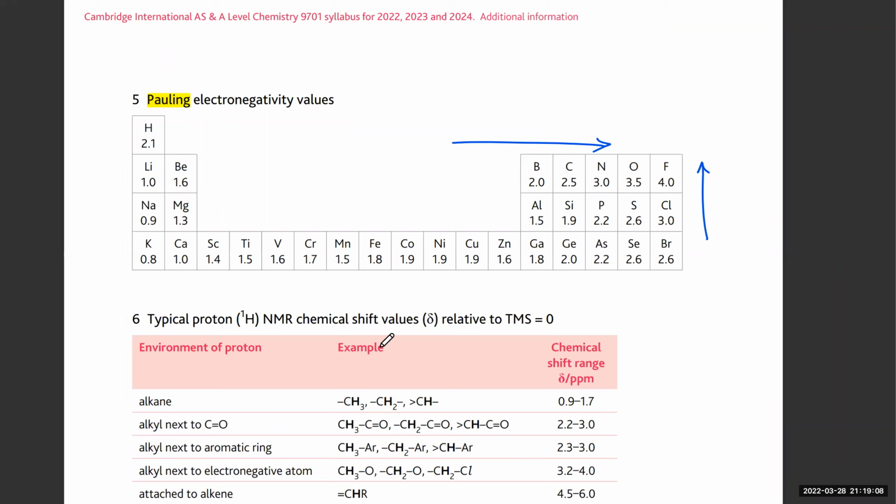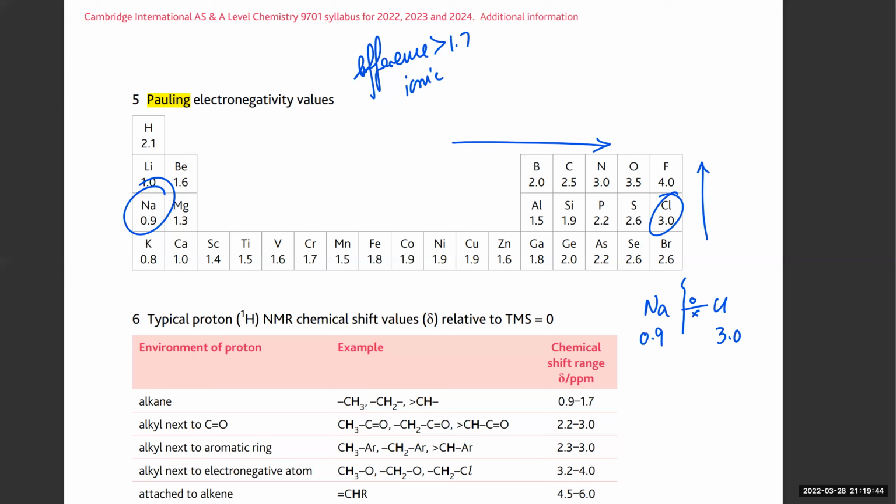But anyways, that's your Pauling scale. Now remember, if there's a huge difference in electronegativity values, if the difference is greater than 1.7, then the compound is going to be ionic. If I take Na and Cl, Cl has an electronegativity of 3, Na has an electronegativity of 0.9.